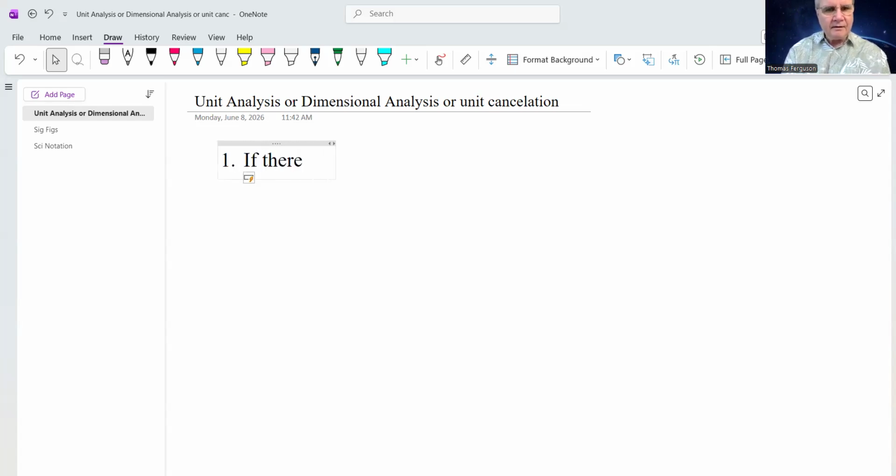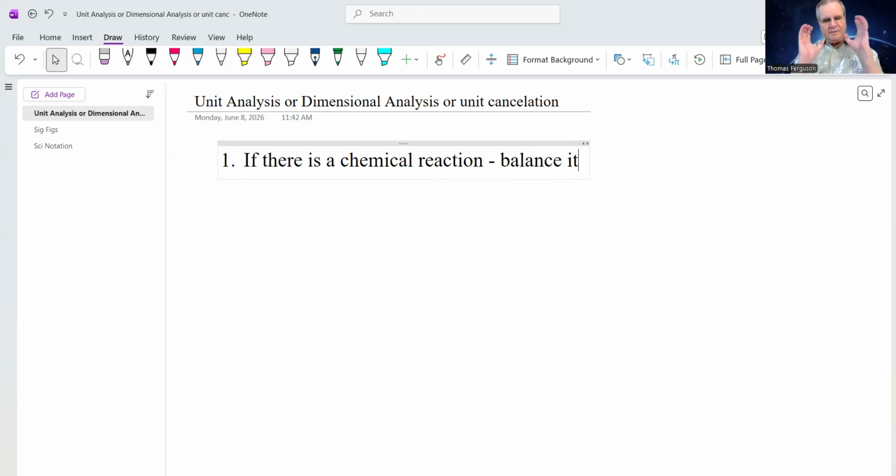If there is a chemical reaction, balance it. Now, in the beginning, we're not going to have any chemical reactions, but very soon we are. So the first step is always balance the chemical reaction. Number 2, what is given?